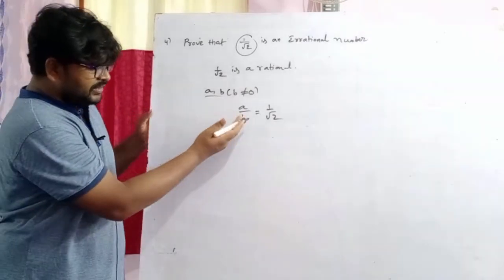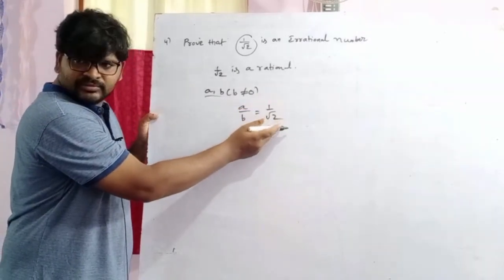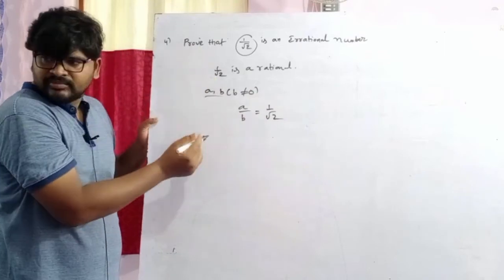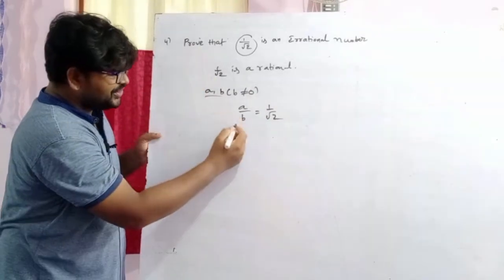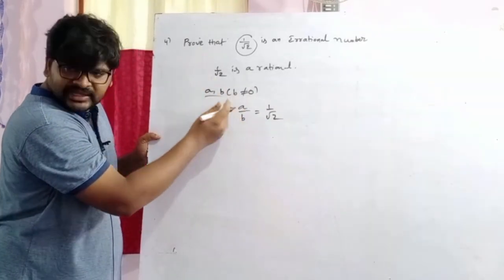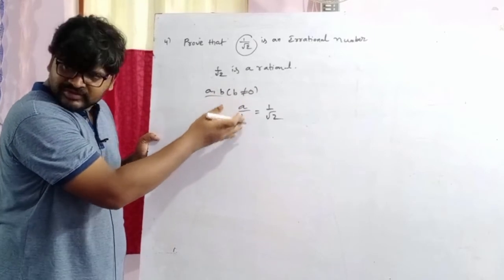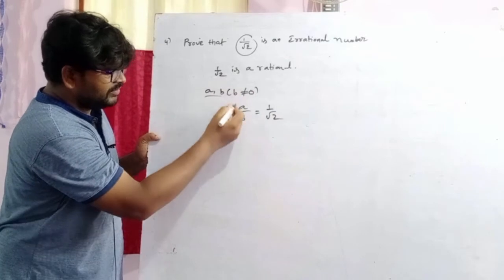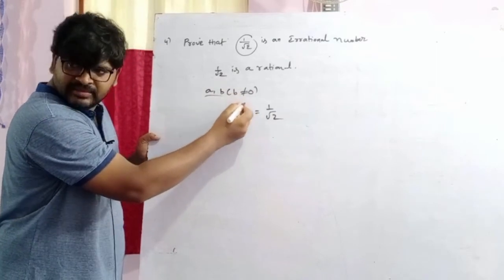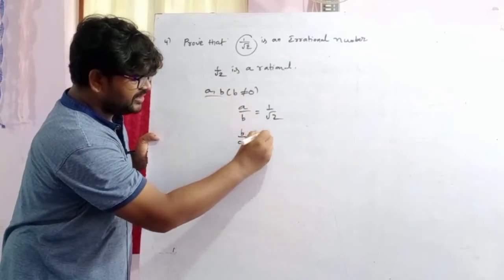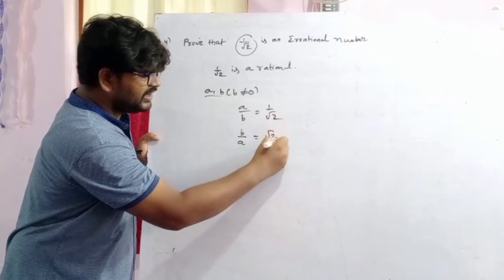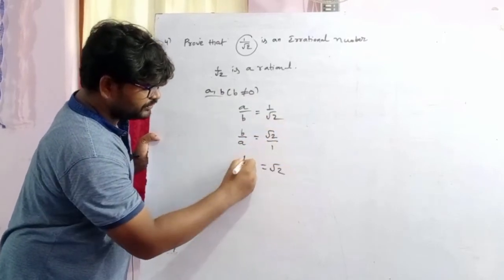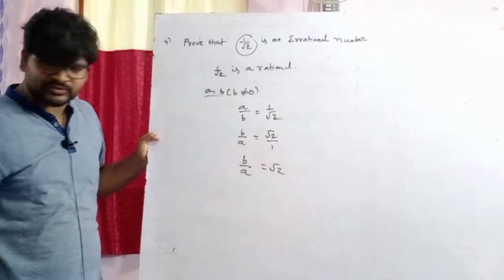Here they are reciprocal to each other. The reciprocal or multiplicative inverse of a by b equals b by a. So b by a equals root 2 by 1, which equals root 2.